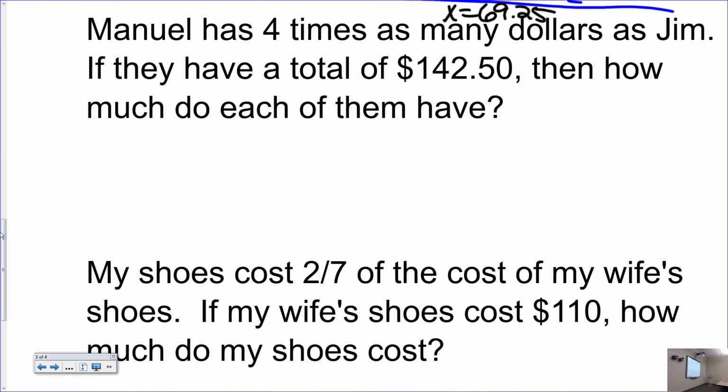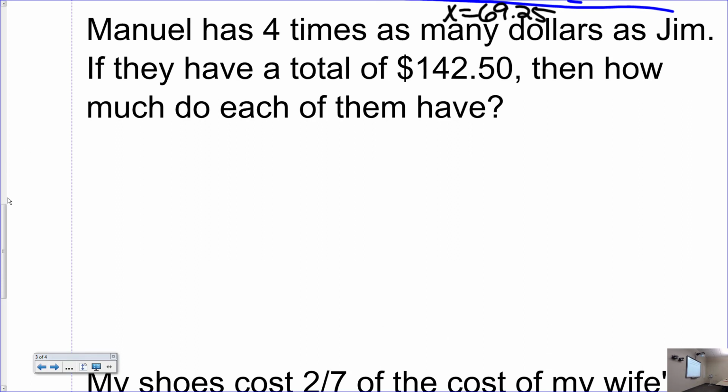Variation on the theme. All right. So this time Manuel has 4 times as many dollars as Jim. They still have $142.50 though. How much do each of them have? Now that you guys have done one of these, now you sort of have the feel, right? What do I do first?